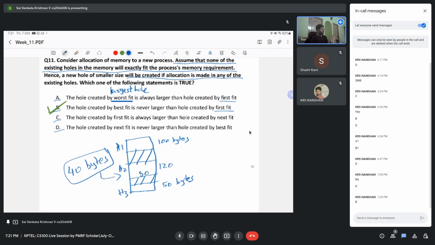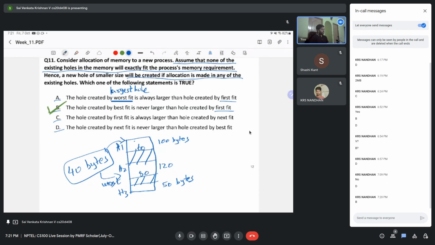That's the new hole that is created. In first fit, it's the first hole that is present in your memory. If you start scanning from address 0, it will try to allocate in hole 1. So this one it will allocate in worst fit, and this one it will try to allocate in first fit. Here the remaining hole size is 60 bytes. So is the hole created by worst fit always larger than the hole created by first fit?